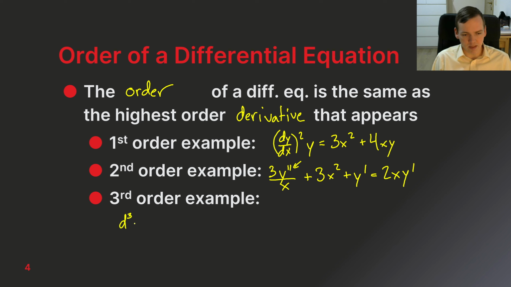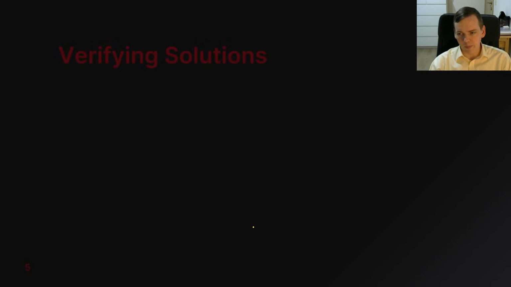Third order, we might have something like d cubed x dy cubed plus 3x equals y. I did a simpler one here because I think you start to get the idea. We'll just throw y double prime in there. Just because it has a higher order doesn't mean it has to have lower order derivatives in it. It's just whatever the highest order derivative is, that's the order we'd say for a differential equation. It doesn't matter a whole lot for this class, but that language is going to come up later. I just want you to be familiar with it.